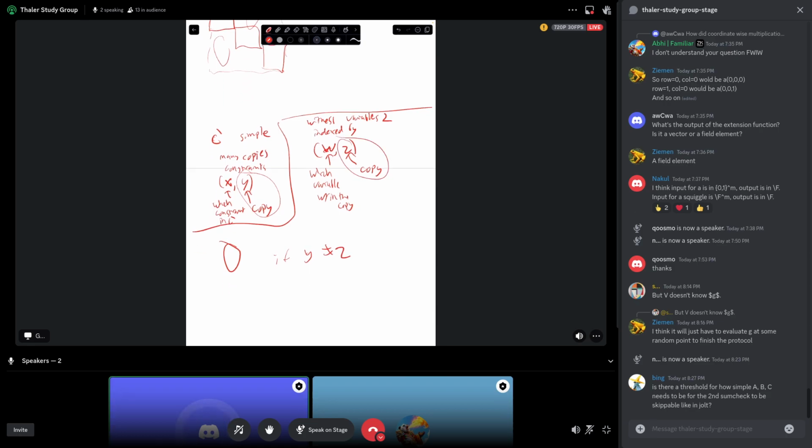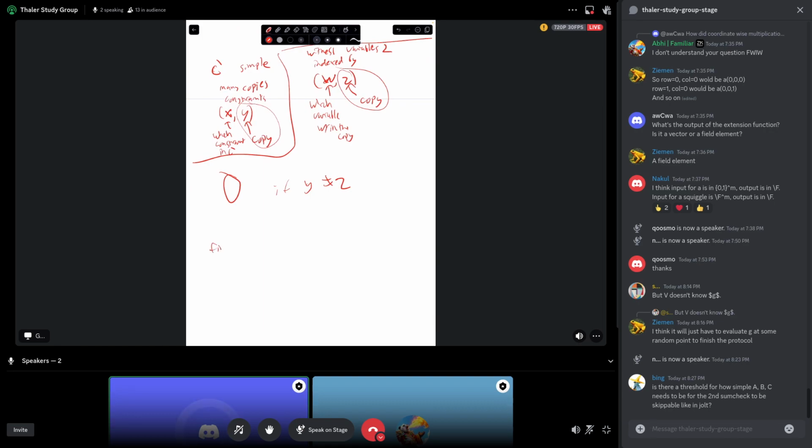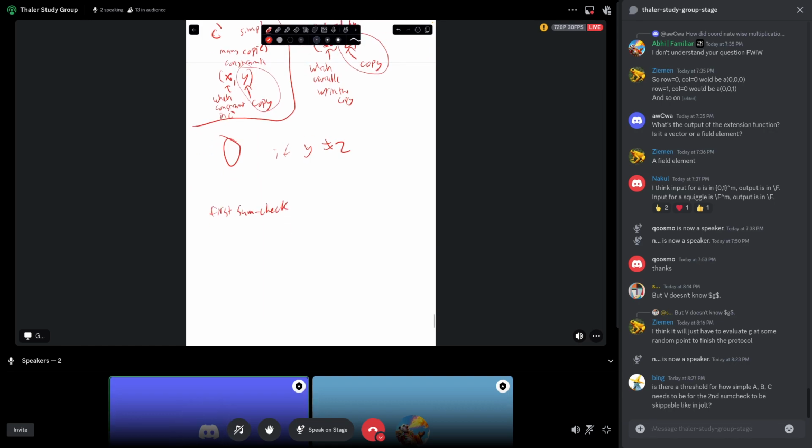And so as a result, there's no need in the first sum check, what it does is it collapses all the rows, that is all the constraints, into one constraint.